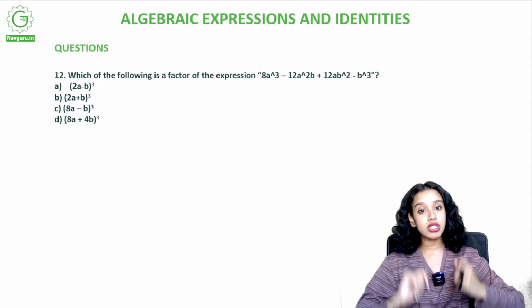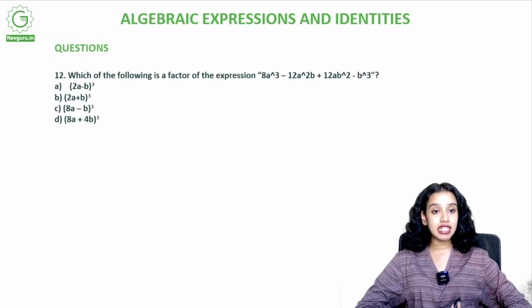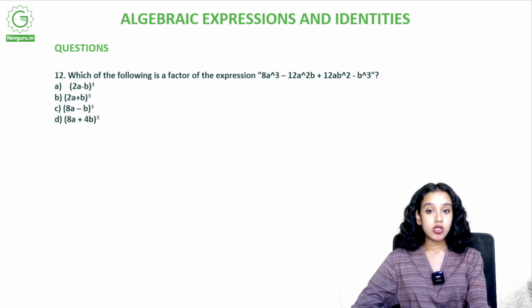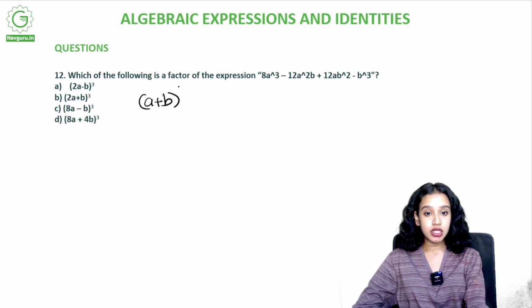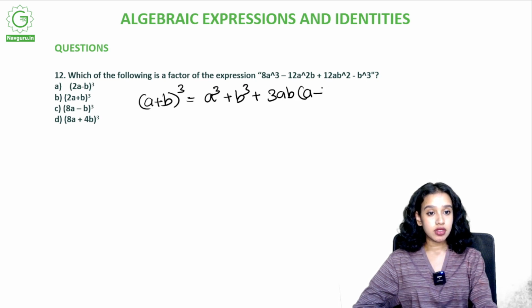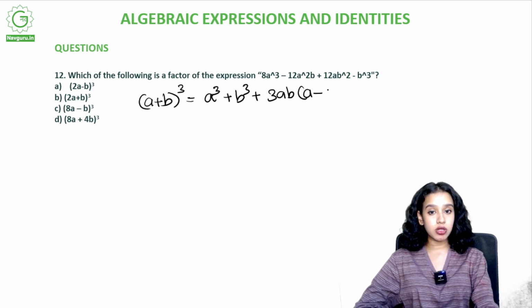Which of the following is a factor of the expression 8a cube minus 12a square b plus 12ab square minus b cube? So, what is the expansion of a plus b the whole cube? A plus b the whole cube is equal to a cube plus b cube plus 3ab into a plus b.